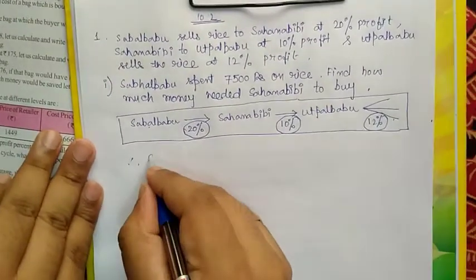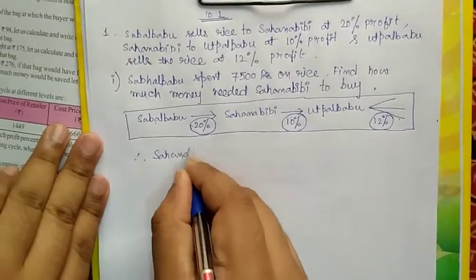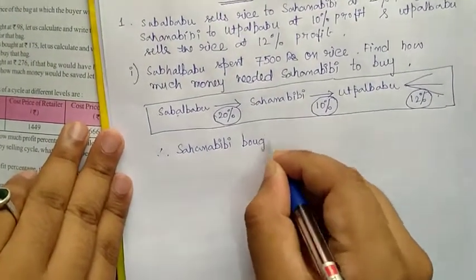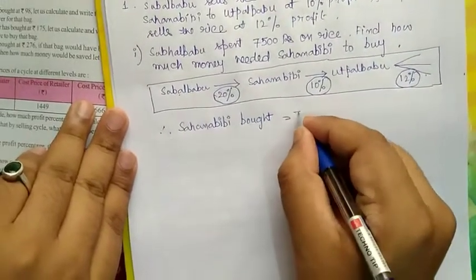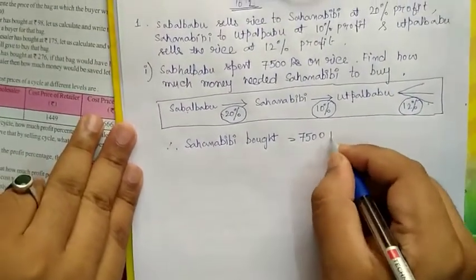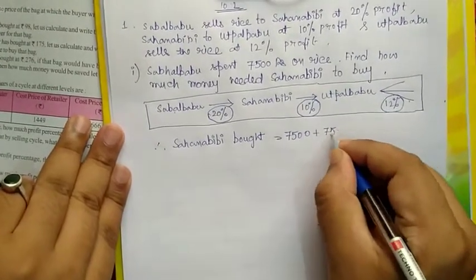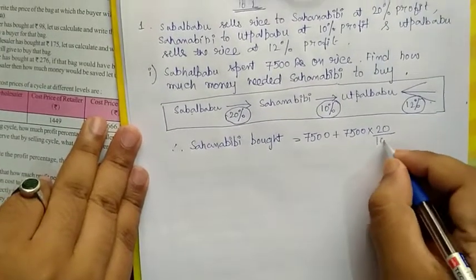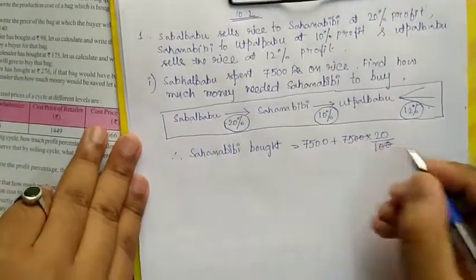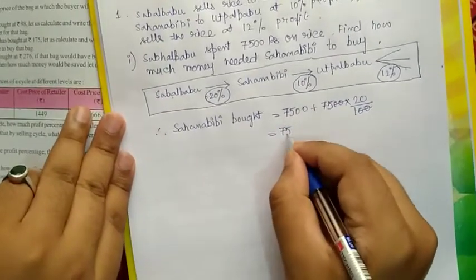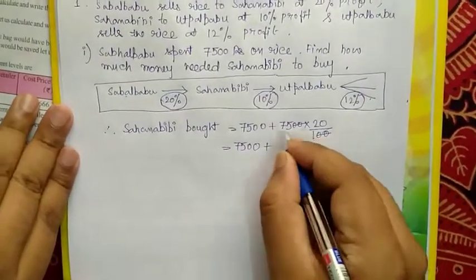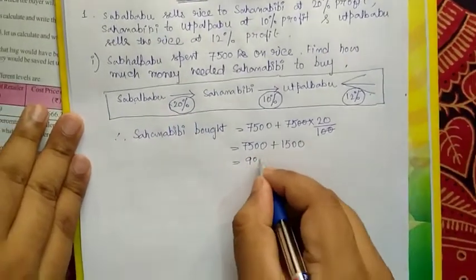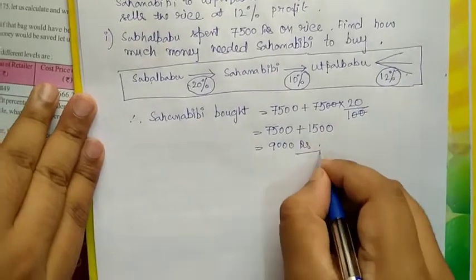Therefore, Shahana Bibi bought at CP 7500 plus profit 20 by 100. So this is the answer.